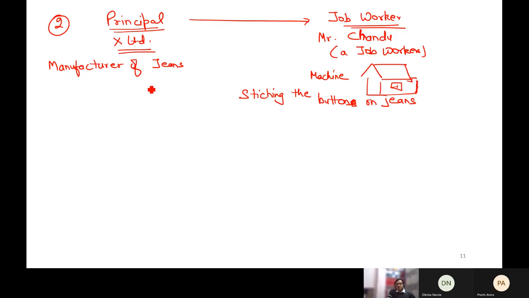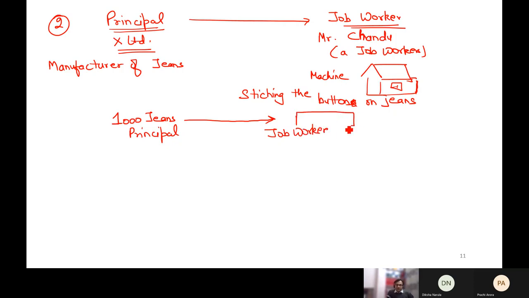So what this principal, X Limited, is doing, for example, there are 1000 jeans without buttons. These were sent by the principal to a job worker who is Mr. Chandu. He will stitch the buttons on these 1000 jeans, and there are two possibilities now. After the buttons are stitched, what can happen?